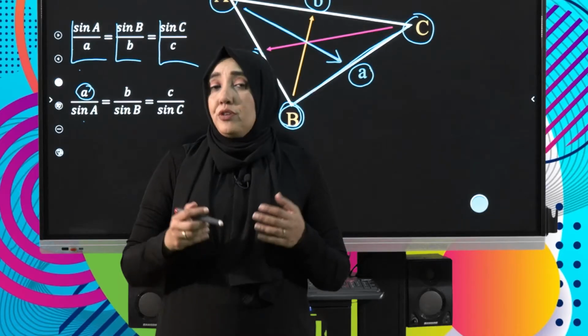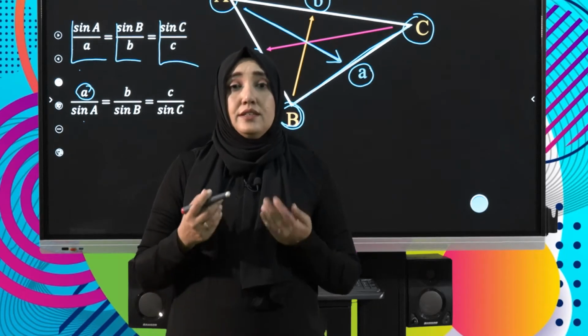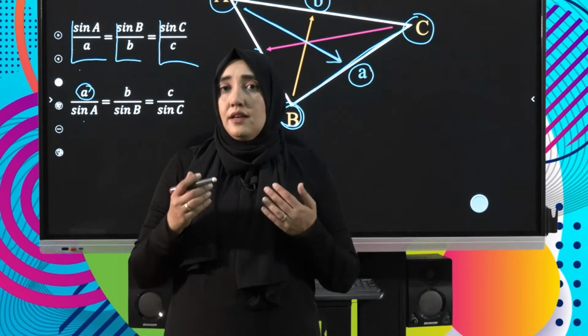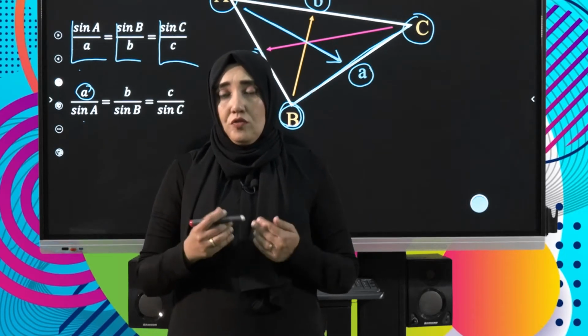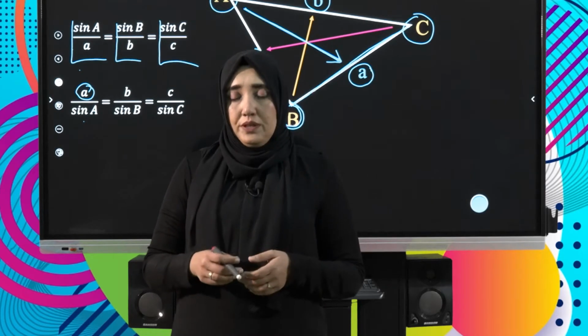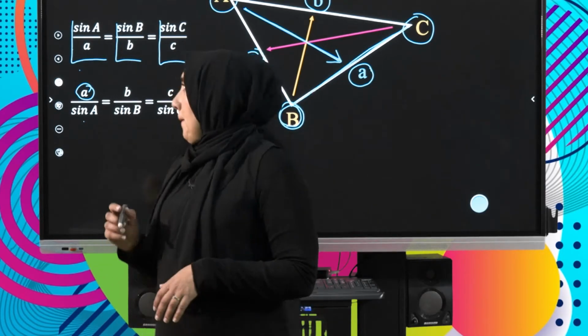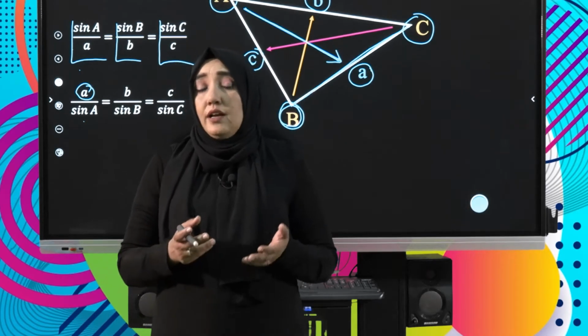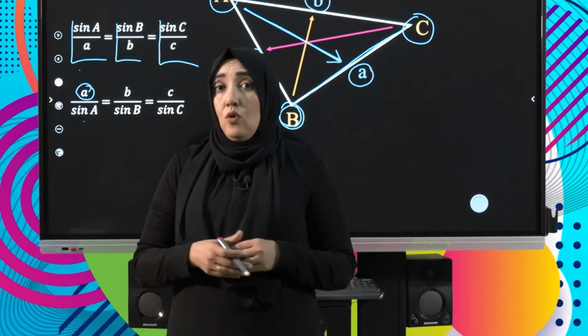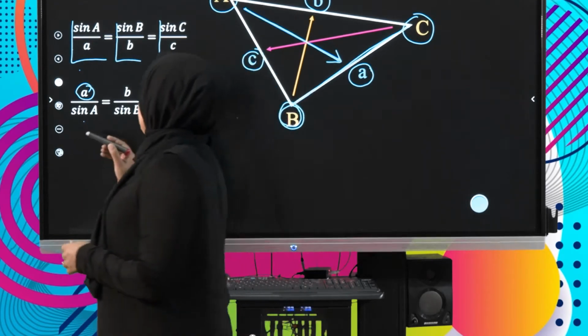When we're trying to memorize the sine rule, it's really simple. We're always talking about sine A over a equals sine B over b equals sine C over c. But what happens if our triangle is not labeled with ABC? Let's look at that.